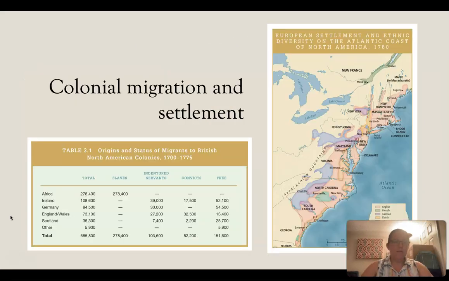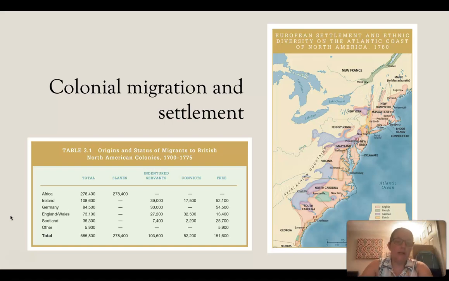We can see that in some of these tables here. So this table here at the bottom with the numbers on it tells us what were the main ethnic or national groups coming to the American colonies between 1700 and 1775. And I want you to look at this table and think about what you notice about the figures in this table and what it tells us about society in the colonies in the first half of the 18th century.